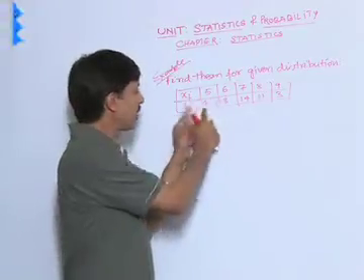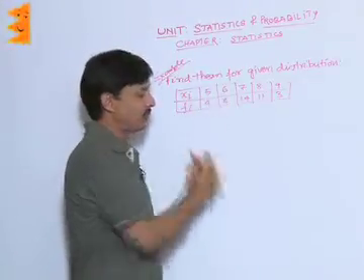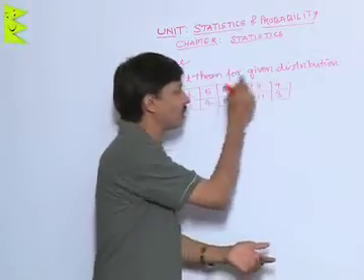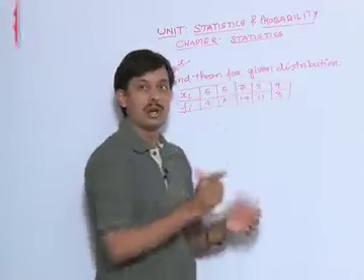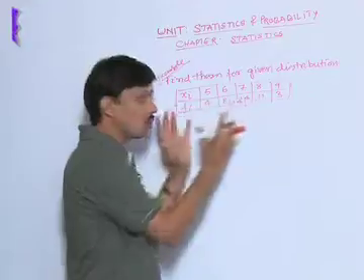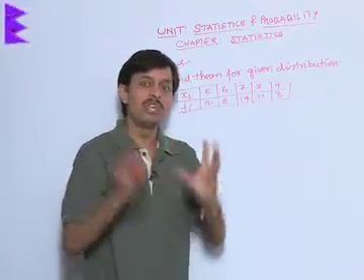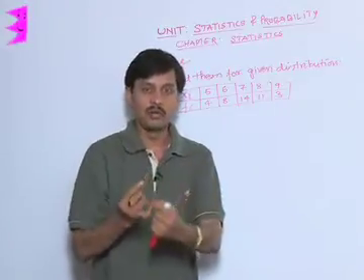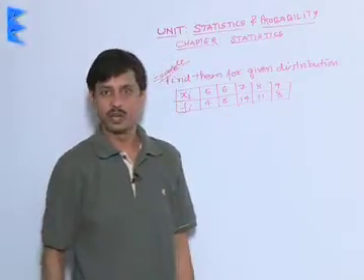So 4 is the frequency of 5, 8 is the frequency of 6, 14 is the frequency of 7, 11 is the frequency of 8, 3 is the frequency of 9. Now the question comes: how to calculate the average or mean or arithmetic mean in situations where observations and their frequencies are given?